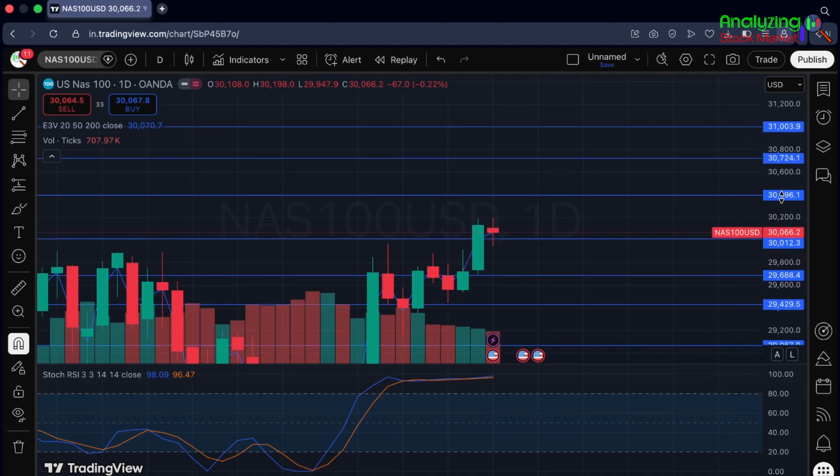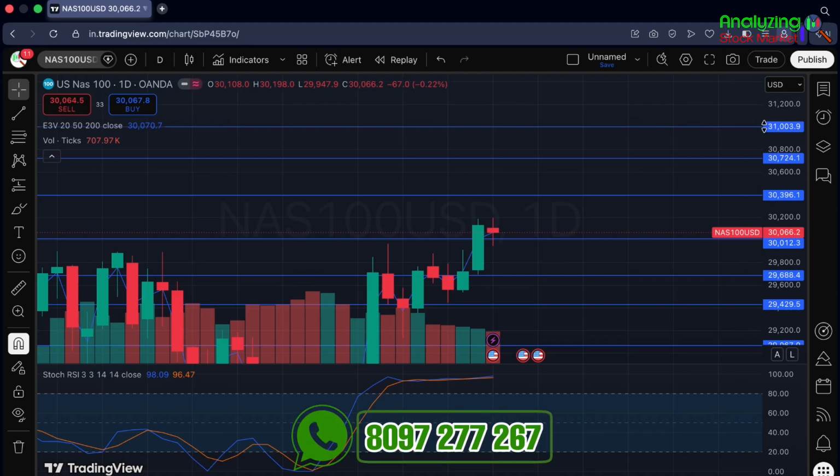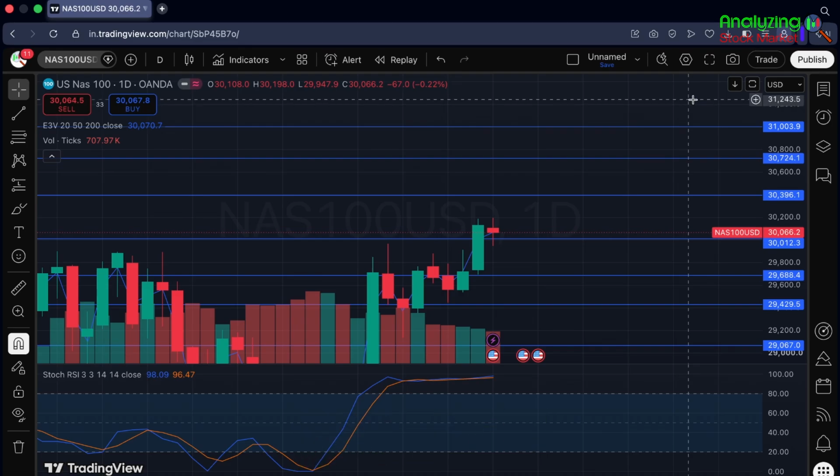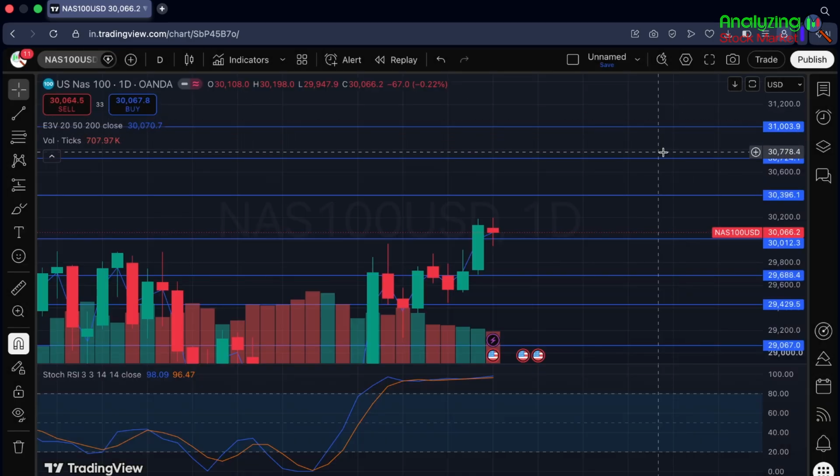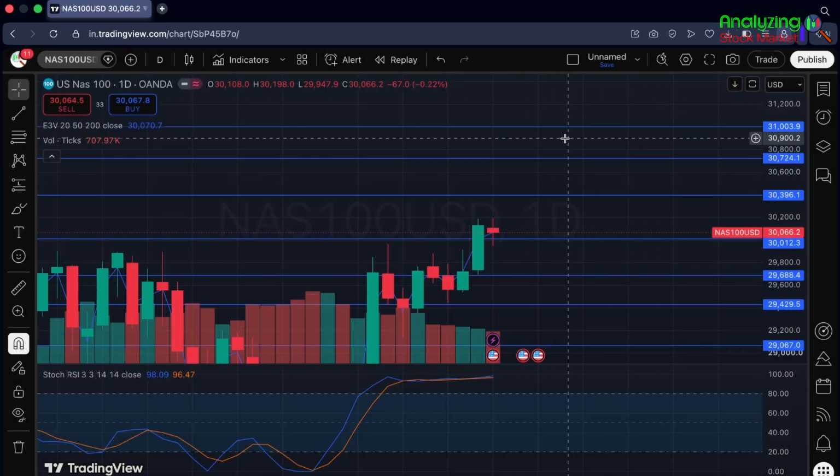After direct resistance, there is a resistance of 30,724 and then 31,003, which is the highest level of NASDAQ, let me just tell you, this is the top level 31,003, which is the all-time high. So if the level gets breached, we can also go for a psychological number which is 31,500. We can use this level as well on a chart, but currently I'm not marking this level because if this level gets breached, we can see a good up move as well.